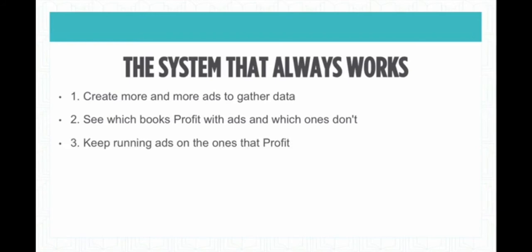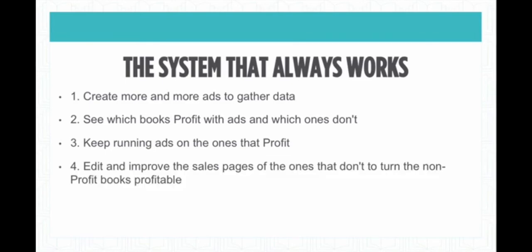Then you keep running more ads on the ones that do profit. You double down on your most profitable book asset. Then, and this is where we go into in a big way in video number 5, you edit and improve the sales pages of the books that don't profit.